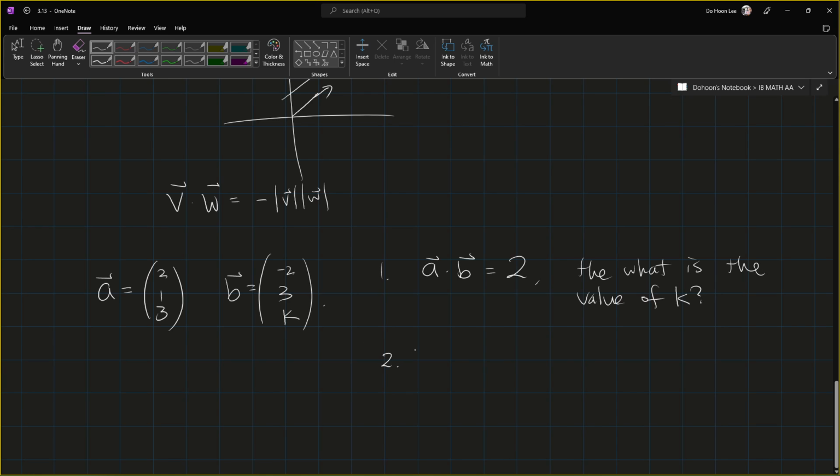And once you solve that, we can answer the second question: what is the angle between A and B? Find the angle in radians to 3 significant figures.